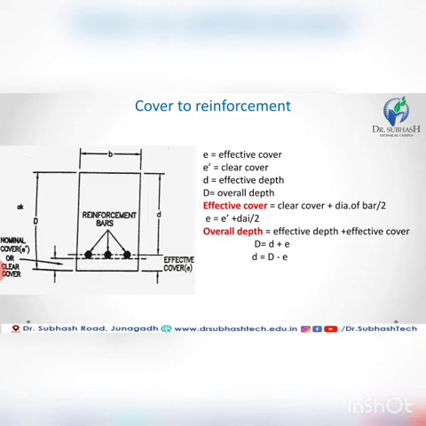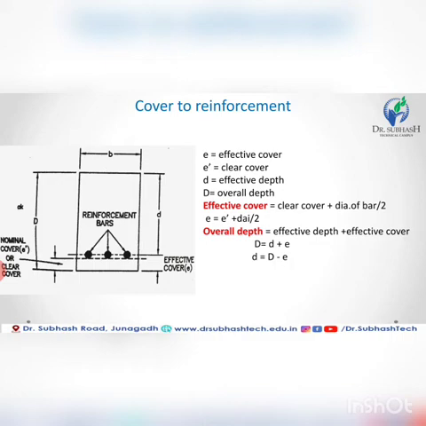Effective cover is equal to clear cover plus diameter of bar divided by 2, that is half the diameter of bar. Overall depth is equal to small d plus effective cover, and effective depth is equal to capital D minus effective cover.